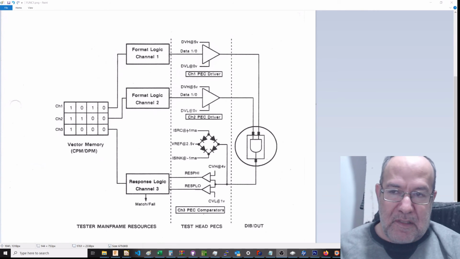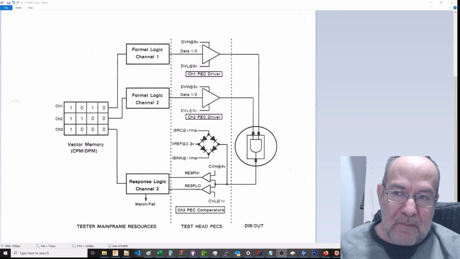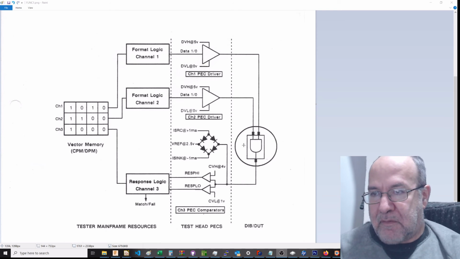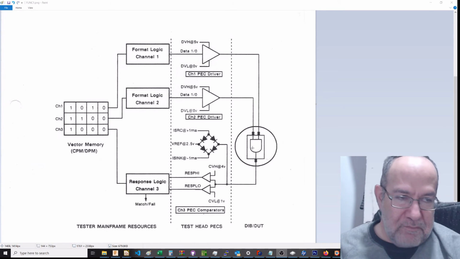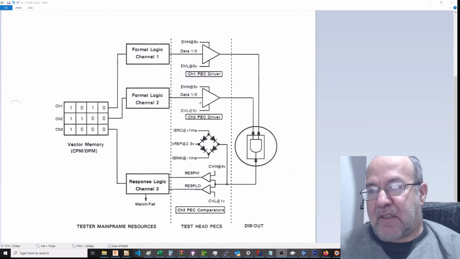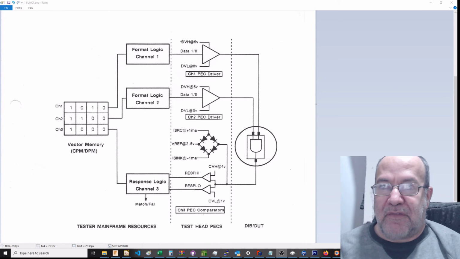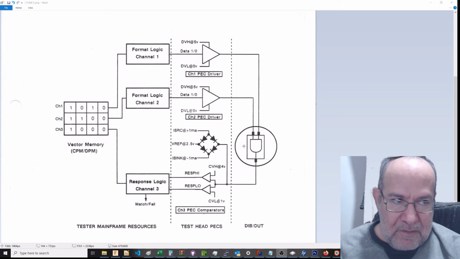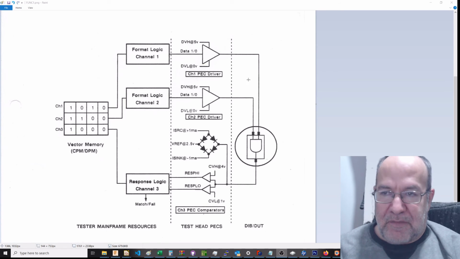Okay, I sink, I source, and VREF in the middle. Okay. So I explained what DVH, DVL are. Those would be on the output side, on the drive side.